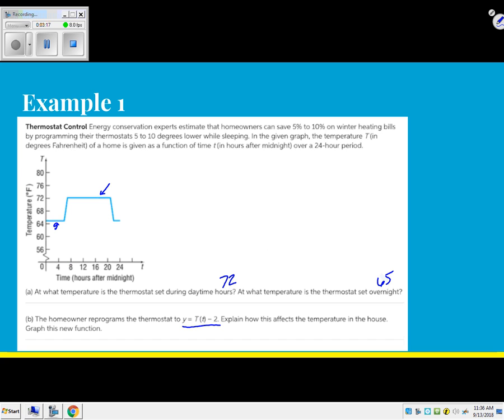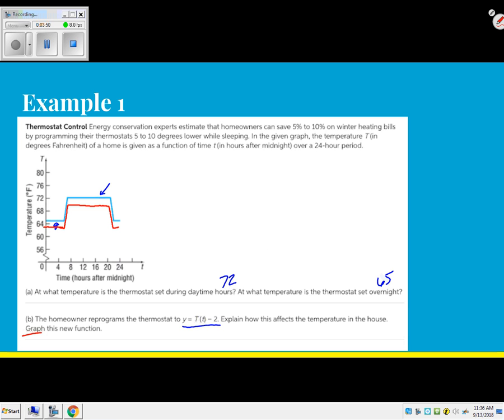So how does this affect the temperature in the house? It might be easier to go ahead and graph the function first. I see that minus 2 on the end of it. So that means I'm going to take the whole graph and move it down 2 units. So instead of being set at 65 overnight, it's going to be set at 63. And then it's going to come up. It's still about 2 degrees less than the line.